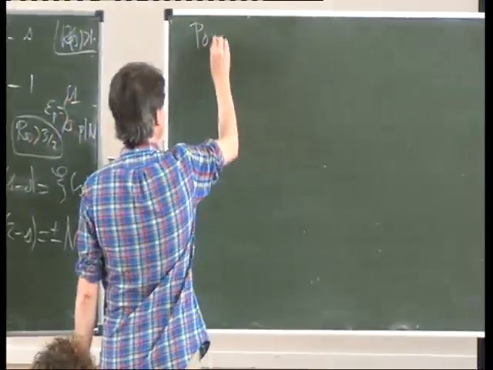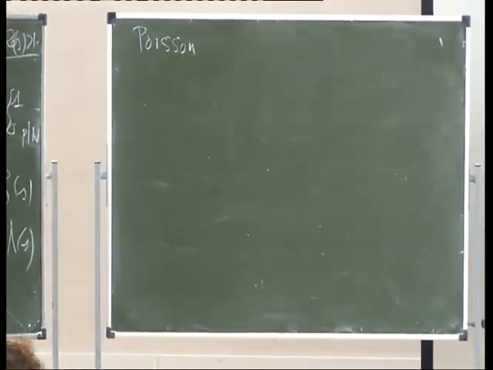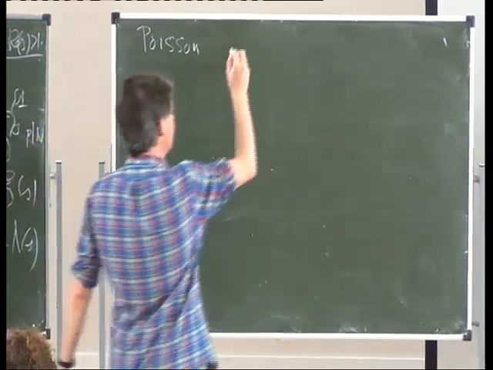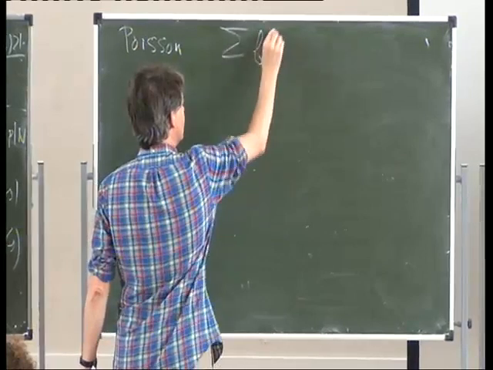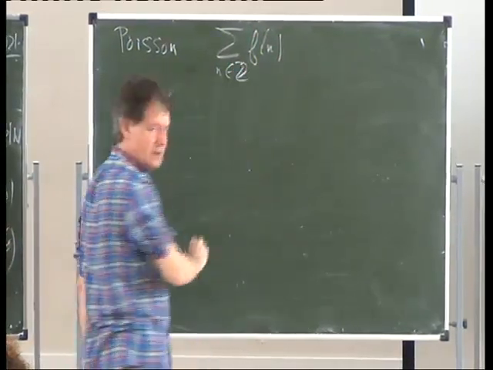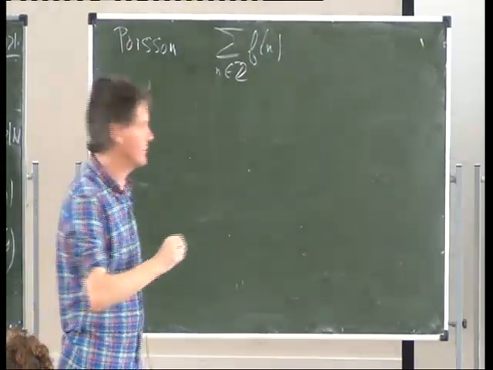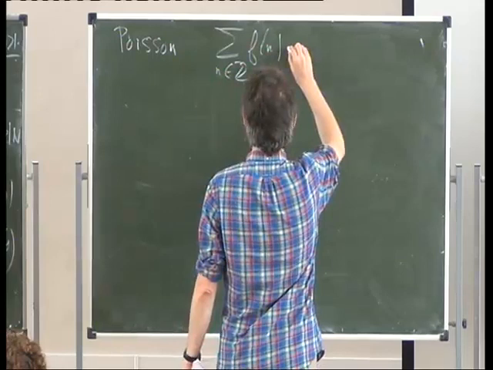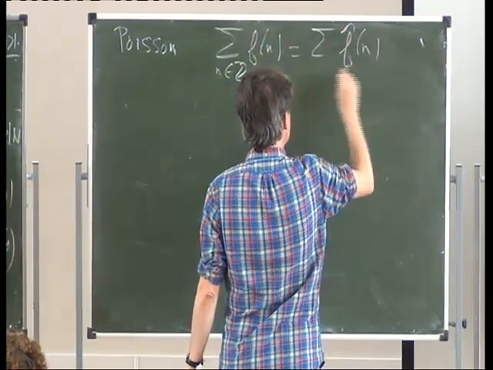In fact, both in some cases are built on Poisson's formula, which, well, I only need the simple Poisson formula, which states that the sum of values for n in Z of a nice function, I mean, that tends sufficiently quickly to 0, is equal to the sum of the values of its Fourier transform.